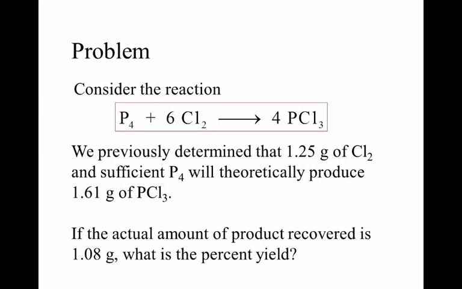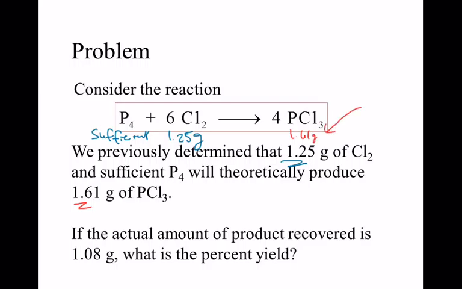So let's do an example. We're not going to do the stoichiometric calculation because we already did. Last week, I guess it was probably Friday, we said that if you have 1.25 grams of Cl2 and sufficient P4, we did a calculation that said the amount of PCl3 you get back should be 1.61 grams.